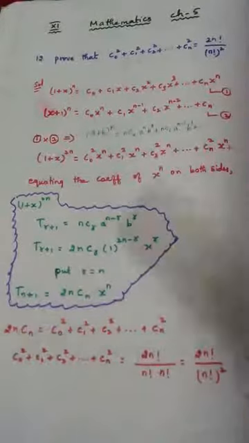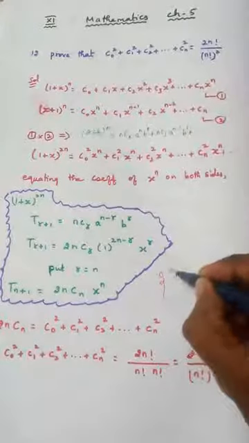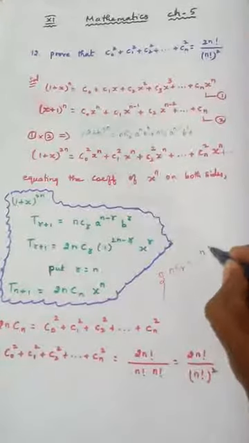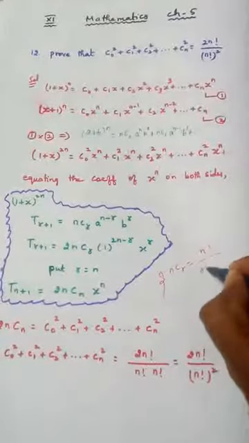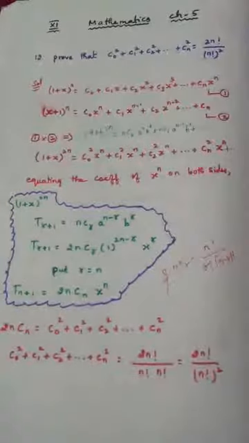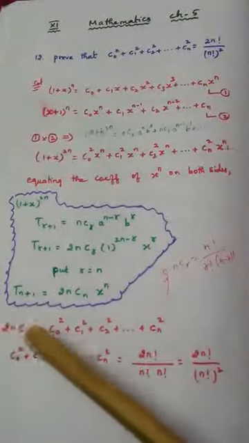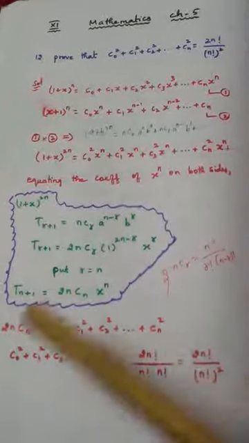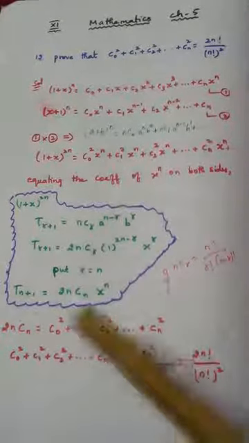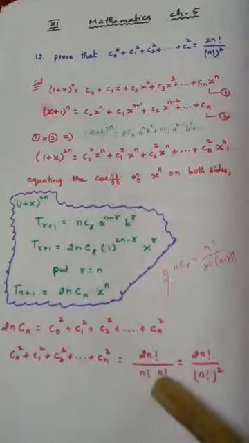How to write 2nCn? Because we know the formula for nCr. nCr means n factorial by r factorial into (n minus r) factorial. This is the formula for nCr. In the same way, 2nCn means 2n factorial by n factorial, then subtracting these two, 2n minus n, again n factorial.